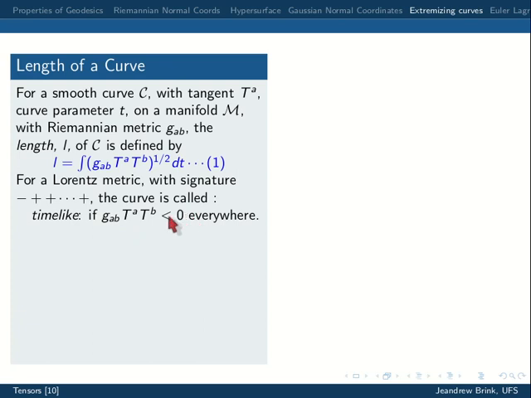The curve is called null, and these are like the null geodesics, if g_AB T^A T^B is equal to 0 everywhere. And the curve is called space-like if g_AB T^A T^B is greater than 0. We don't tend to work with that because physically you can't move along them.